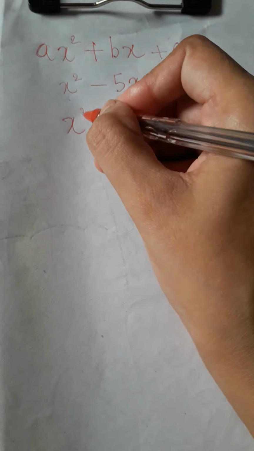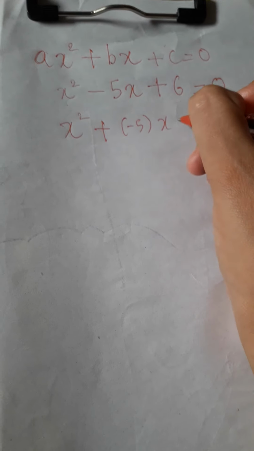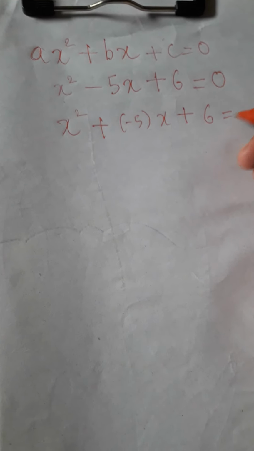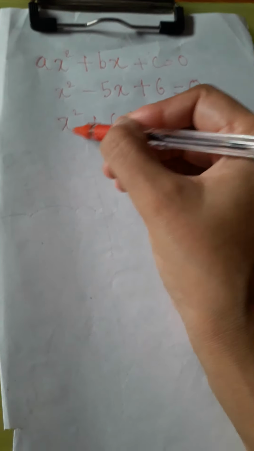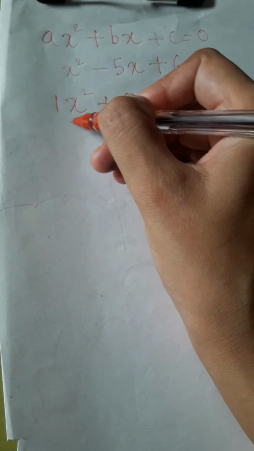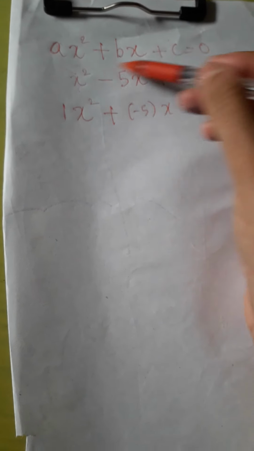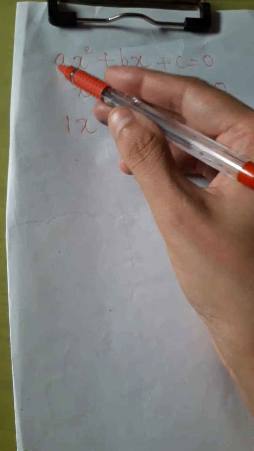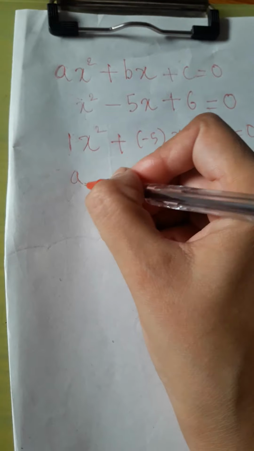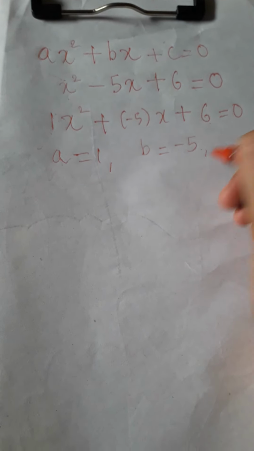I can rewrite it as x square plus minus 5 into x plus 6 is equal to 0. What is the coefficient of x square? When nothing is mentioned, it is 1. Understood, default, right? Now compare this expression with this expression. a is 1, b is minus 5, and c is 6, right? Let me just put that down here. a is 1, b is minus 5, and c is 6.